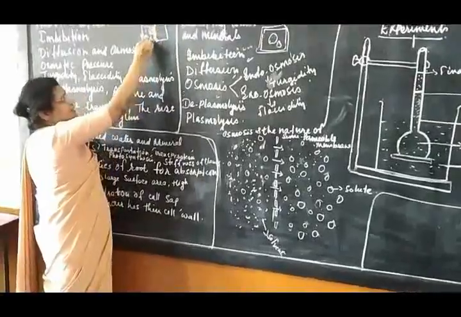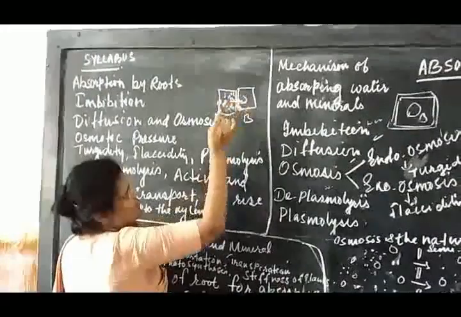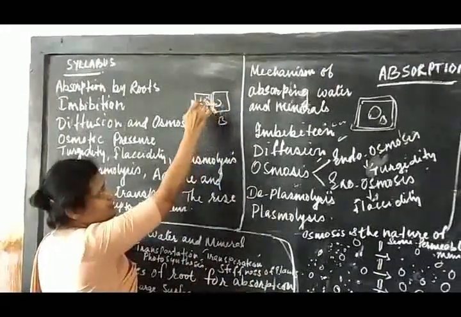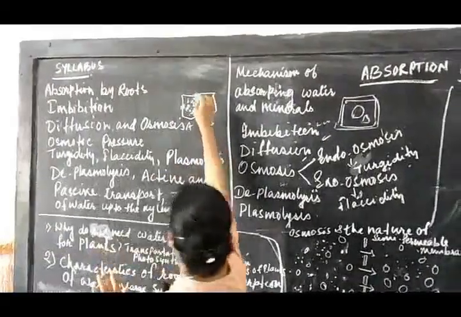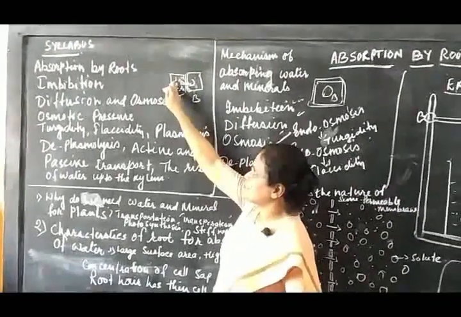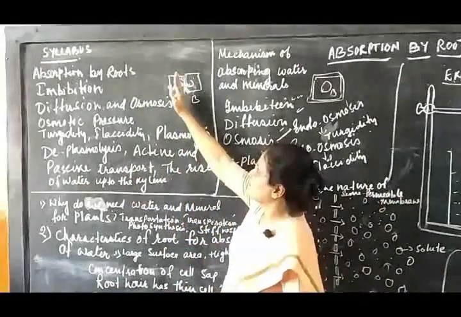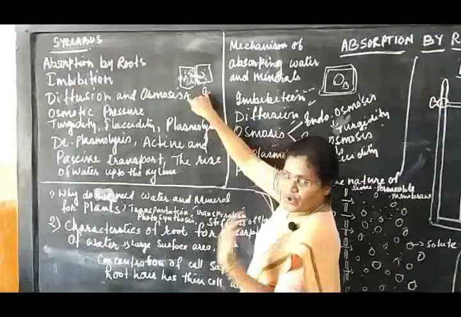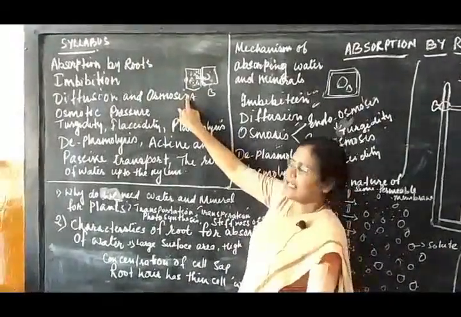So, automatically the water moves from cell A to cell B. So, for this cell, endo-osmosis is taking place, because water moves from the region of high concentration to the region of lower concentration. Whereas for cell A it is exo-osmosis, because water is going out of the cell, the movement of water from high concentration to lower concentration. For cell B, endo-osmosis is happening, but for cell A, exo-osmosis is happening.